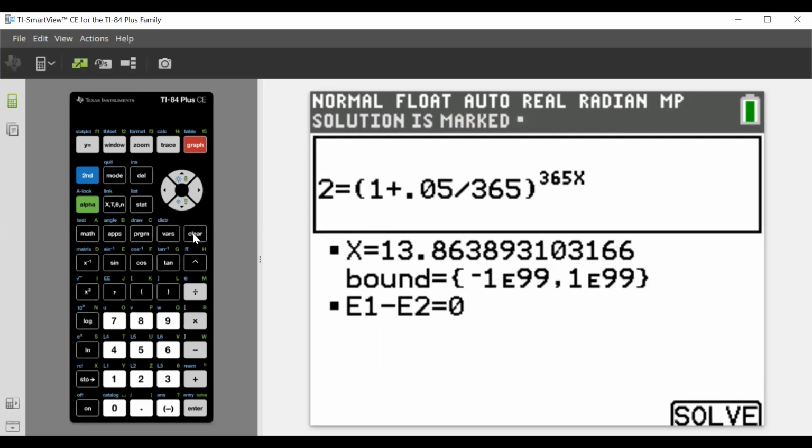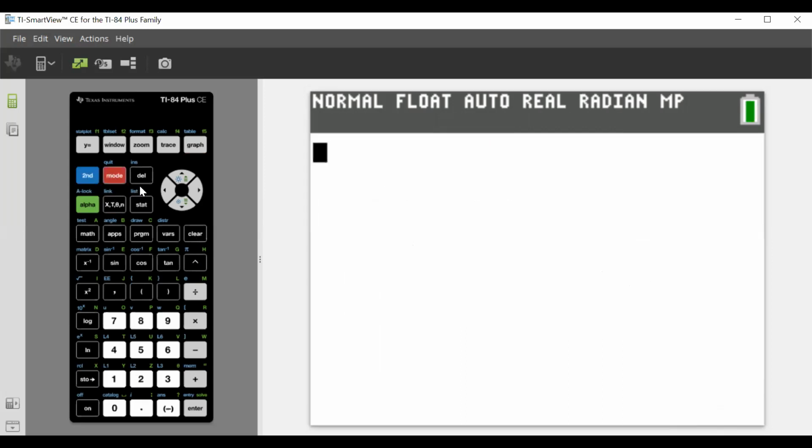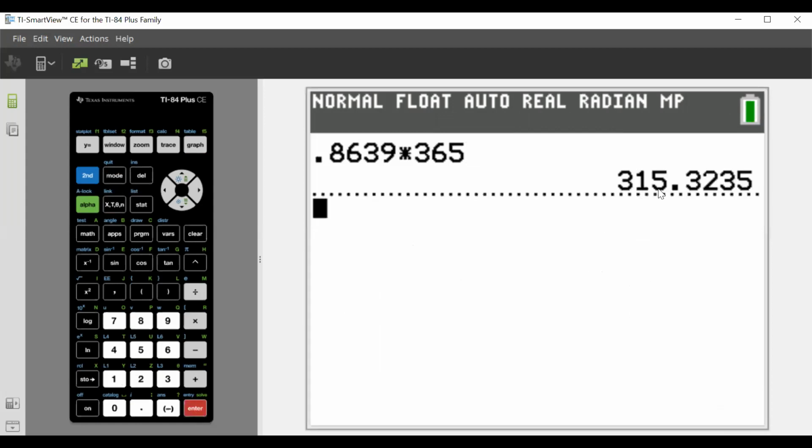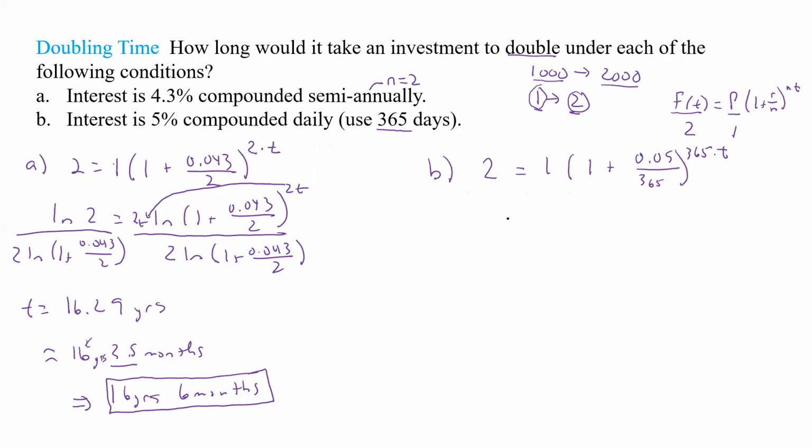And so now what we need to do is let's get out of this. And so if we subtract off 13 years, we had 0.8639 times 365 days. So that's 315.3 days. Okay, so now we go back here and we found that t was equal to 13 years because we subtracted it off, and we had 315.3 days.